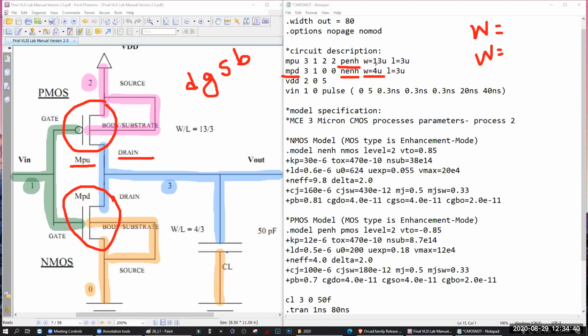That is not the important thing. The important thing is, remember, NMOS width is always smaller and PMOS width is always bigger. And the lengths are always kept the same.